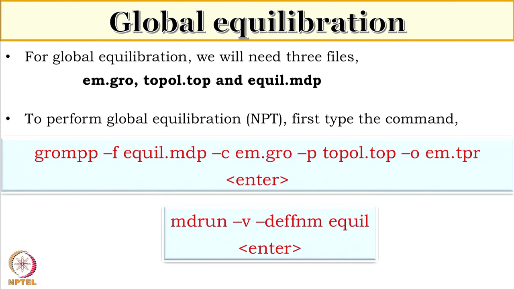After I get my equal.tpr file, I'll run mdrun -v -deffnm equal. It will create all files with the starting name equal.